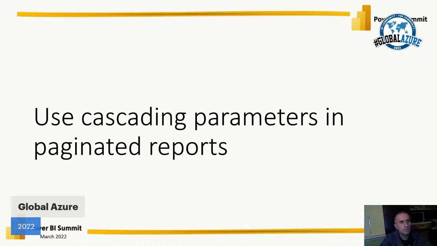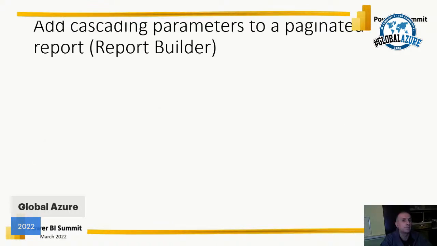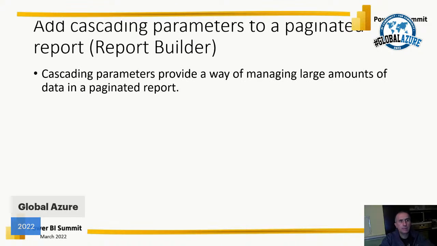Now we will discuss one of the most specific parts when creating Power BI paginated reports, and it is related to cascading parameters in paginated reports. Cascading parameters are usually used to manage large amounts of data in paginated reports.